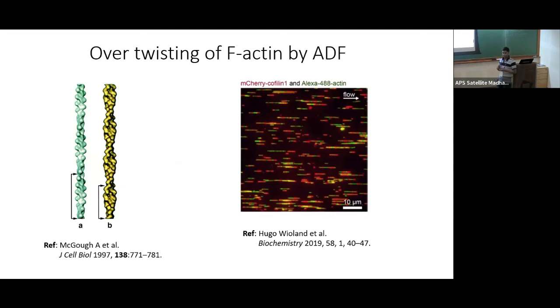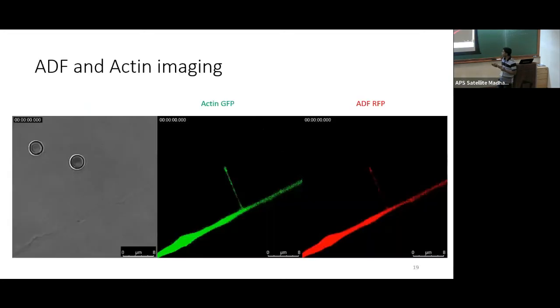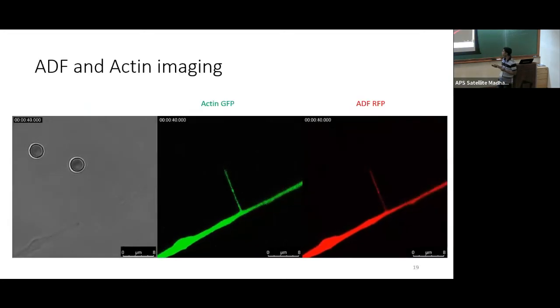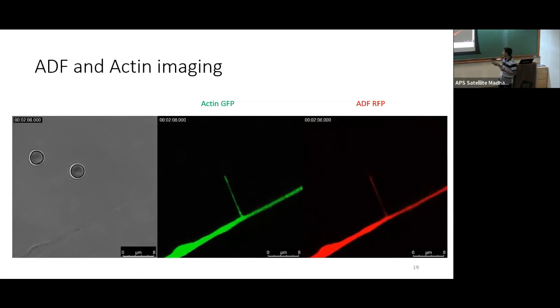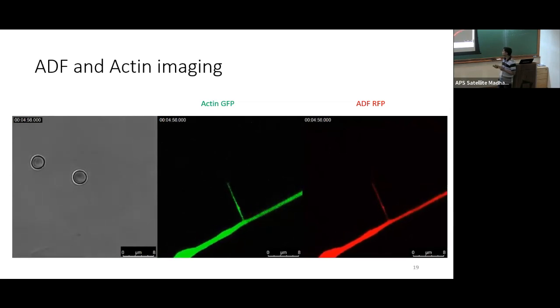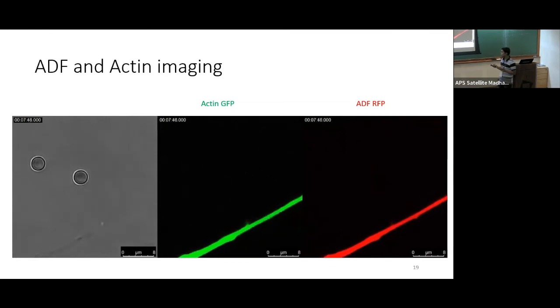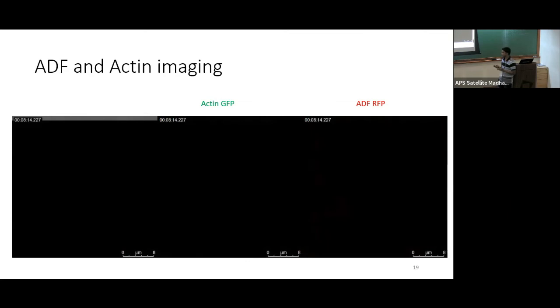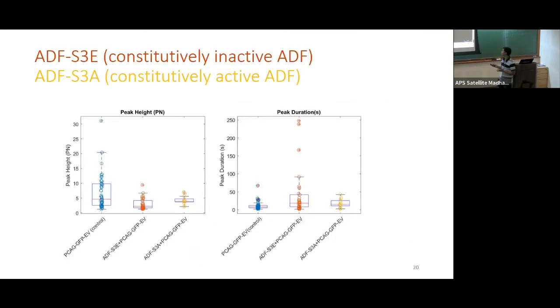This can generate torsion and give rise to the contractile force. And we see that this is the actin GFP co-expressed with the ADF RFP. We see that they both co-localize inside the tube. So this could be one of the proteins which can lead us to contractile force.